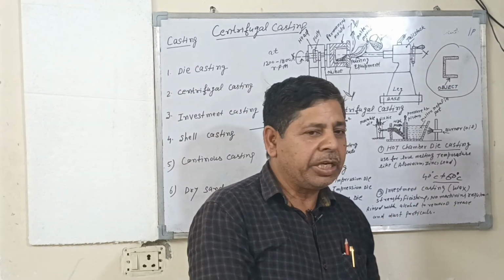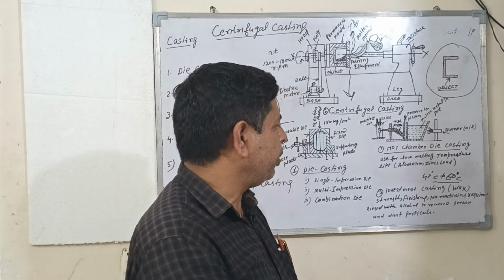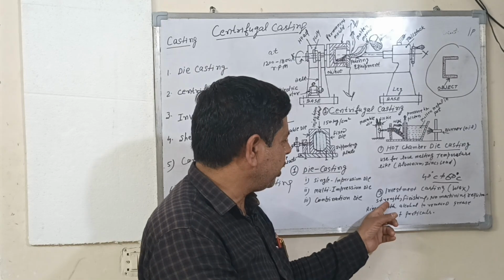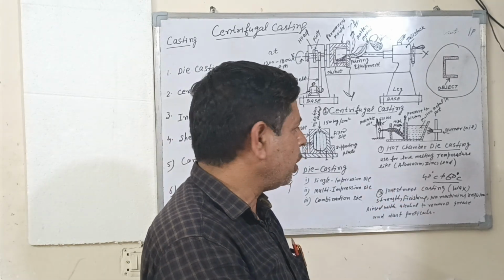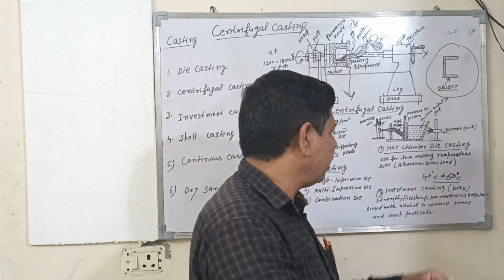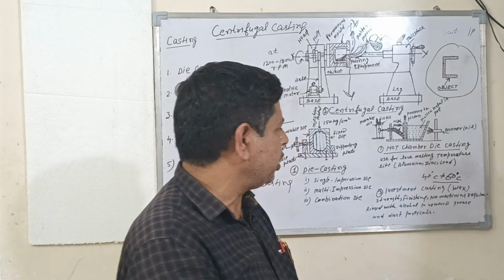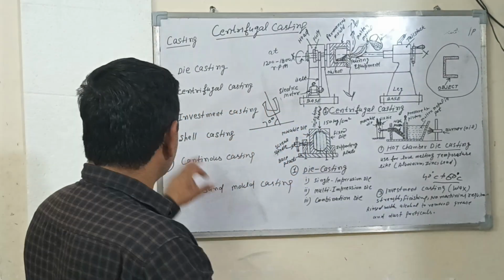Then you take the wax pattern to make different types of components. The main function of the wax is to give strength and finishing, with no machining required on the components. Investment casting is very costly, so investment casting is used for special types of casting.